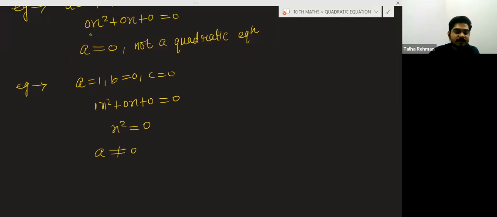So this x square is equal to 0 will be a quadratic equation.